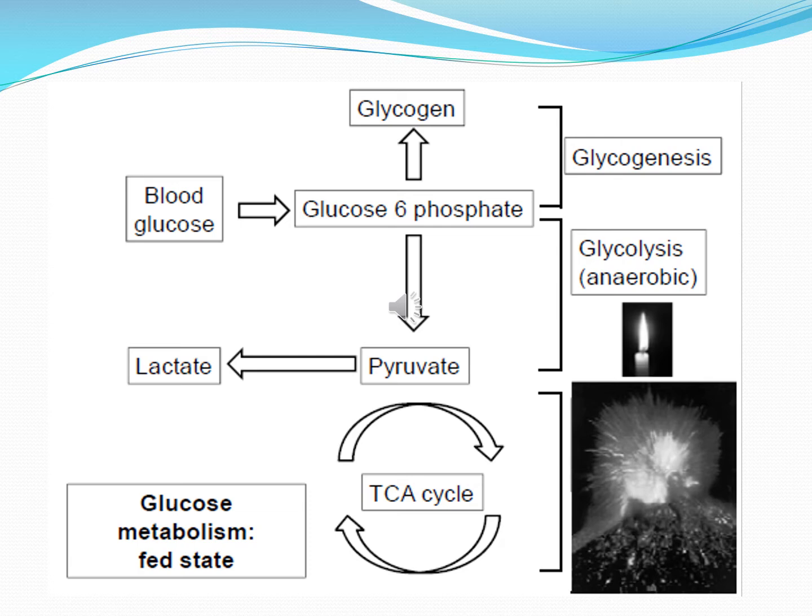After a meal, for example, your blood glucose will either be converted and stored as glycogen, which is glycogenesis, or it will be converted to pyruvate, which is used in the TCA cycle to produce energy, and that's called glycolysis.